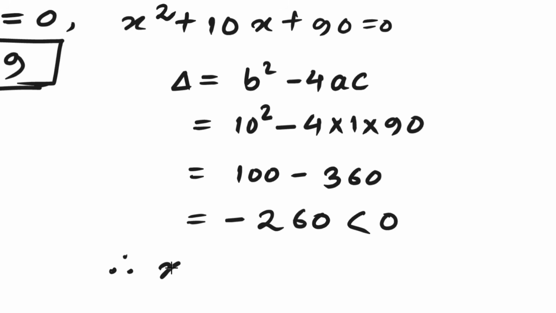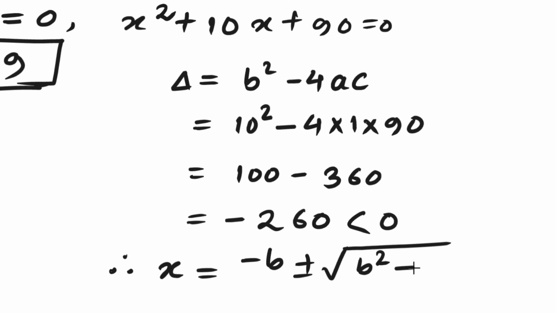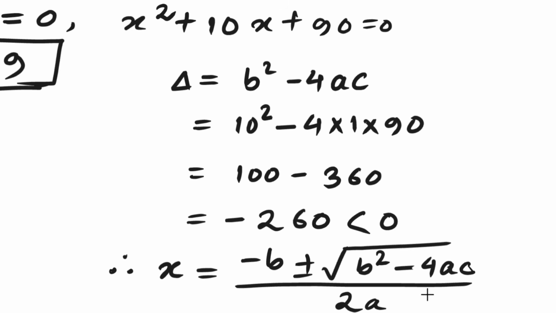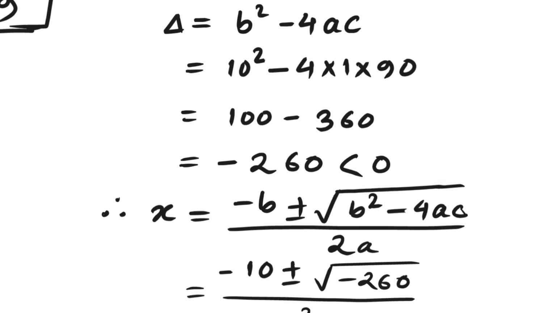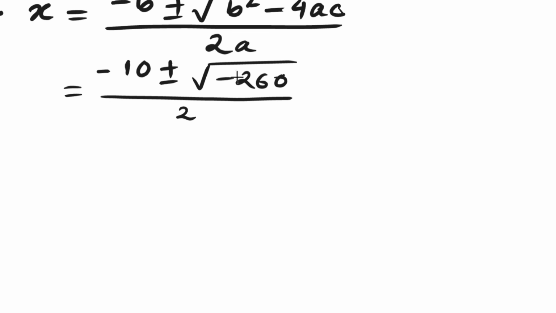The quadratic formula says x equals negative b plus or minus the square root of b squared minus 4ac, all divided by 2a. Substituting our values gives x equals negative 10 plus or minus the square root of negative 260, divided by 2. Now, let's simplify the square root.